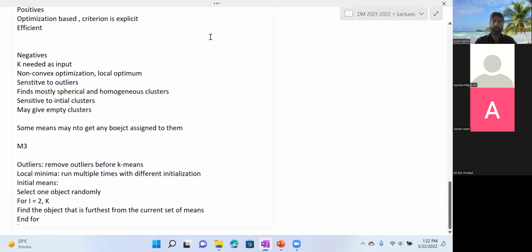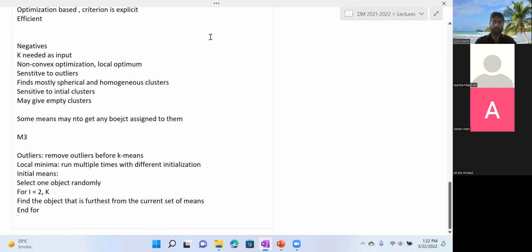Okay? Do you understand this? First you found one object. Now the next object would be the one that is furthest from this object. Okay? So you found the second object.